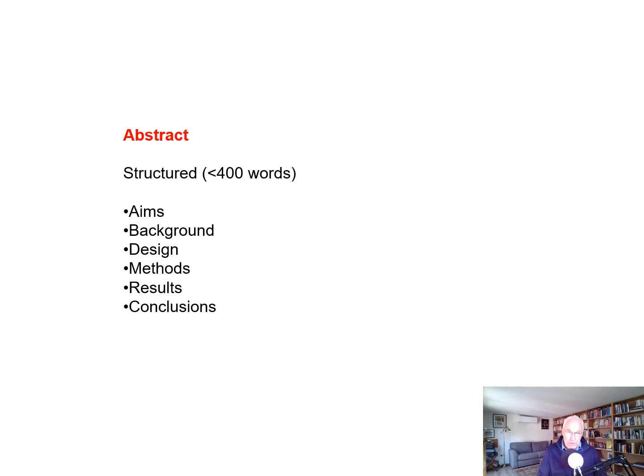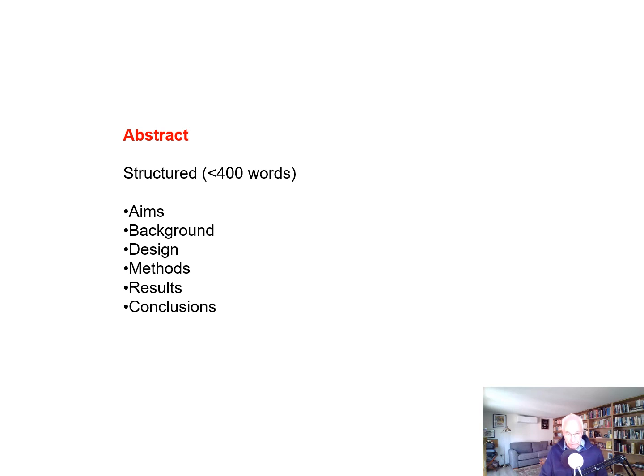The other thing is that some journals still prefer you not to have it structured in this way, and I think they're dying out, these journals. There aren't so many of them, but nevertheless, one hint I can give you is to use a structure like this, even if the abstract is not required to be structured. So put in these headings and subheadings and write the abstract according to those, and then if they do not want the structure, simply take out the headings.